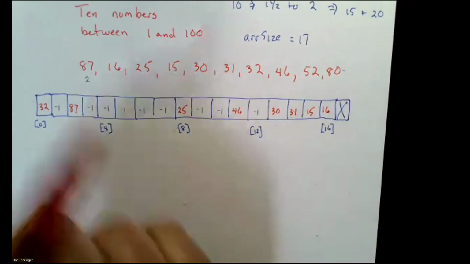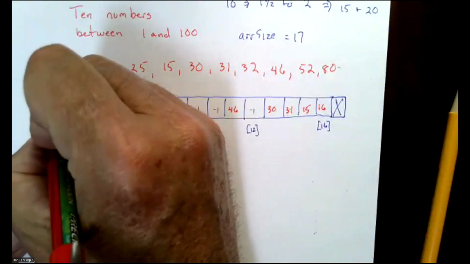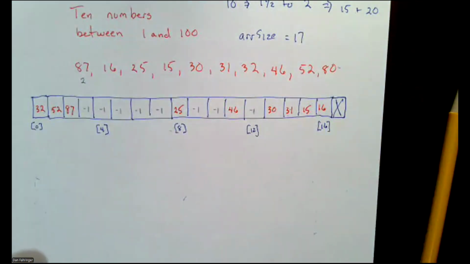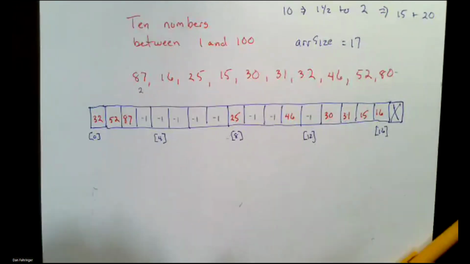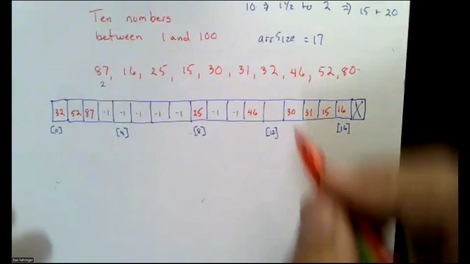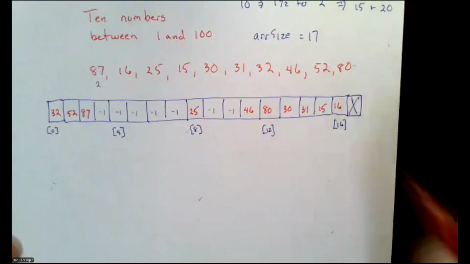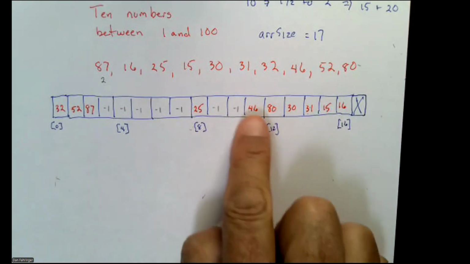52 is going to go in 1. 80 goes in 12. Hey, wow, do I ever have a cluster?